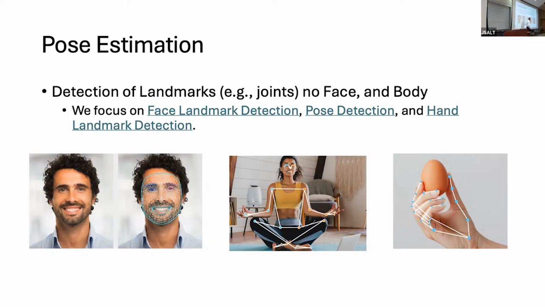Then you have this body pose, usually when you are detecting the joints on your body. And then you have the hand pose, and it is maybe something that is not clear straight away: you have more joints on your hand than on the rest of your body. So doing hand pose estimation, which is my most recent domain, can be said to be harder than doing the whole body pose estimation.